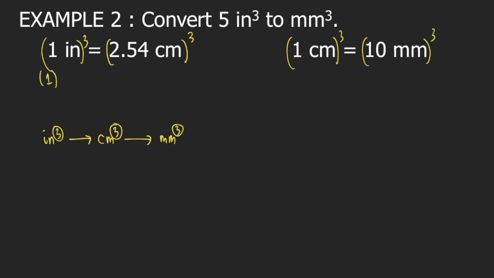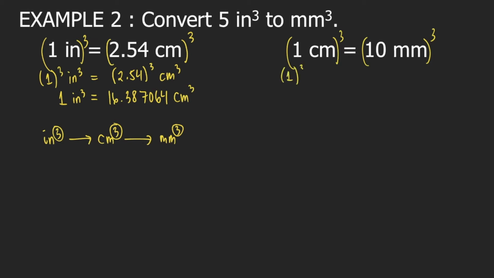So this becomes 1 cubed inches cubed equal to 2.54 cubed cm cubed. 1 cubed is just 1, and 2.54 raised to 3 is equal to 16.387064 cm cubed.